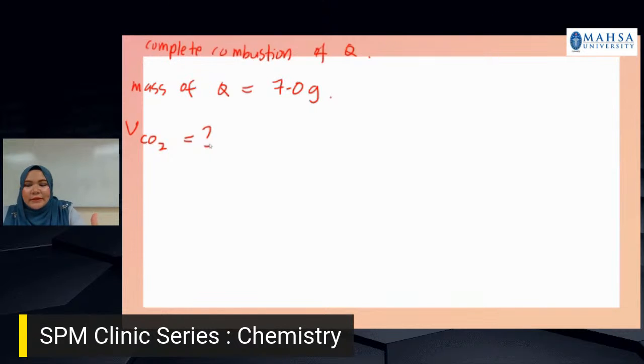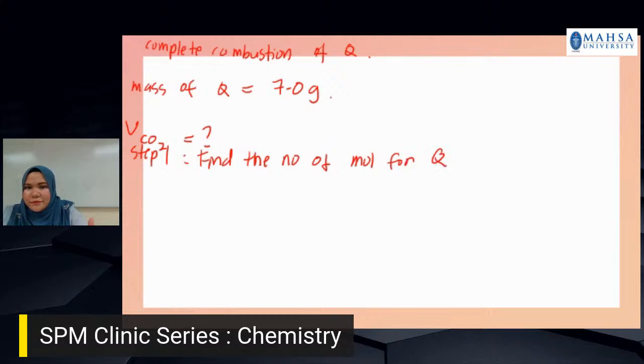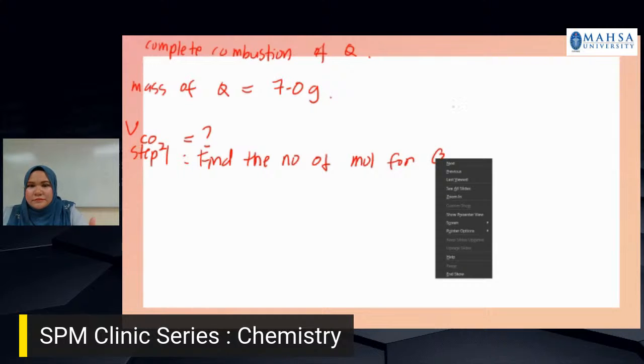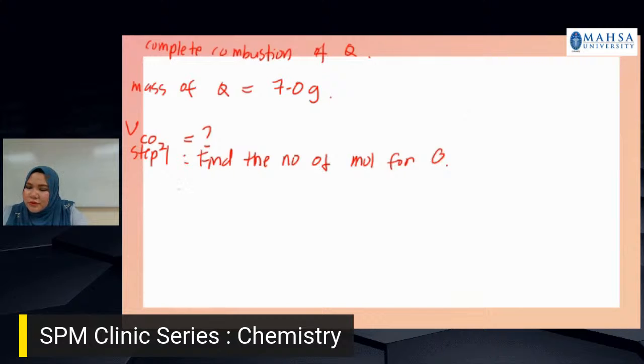Step number 1 is find the number of mole for Q. Mole of Q equal to 7.0 gram divided by 28. So it will give you 0.25 mole.